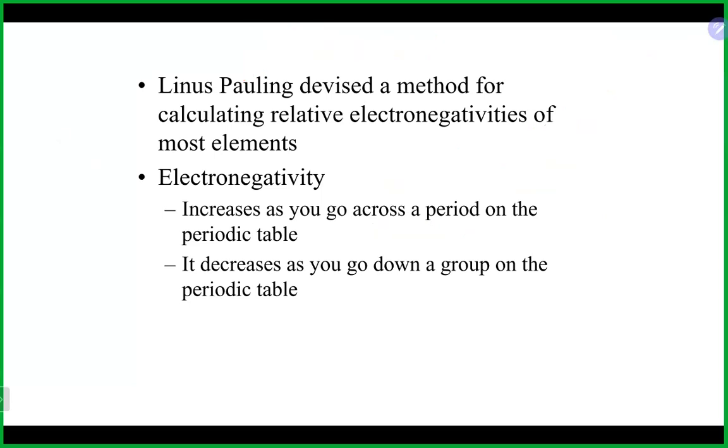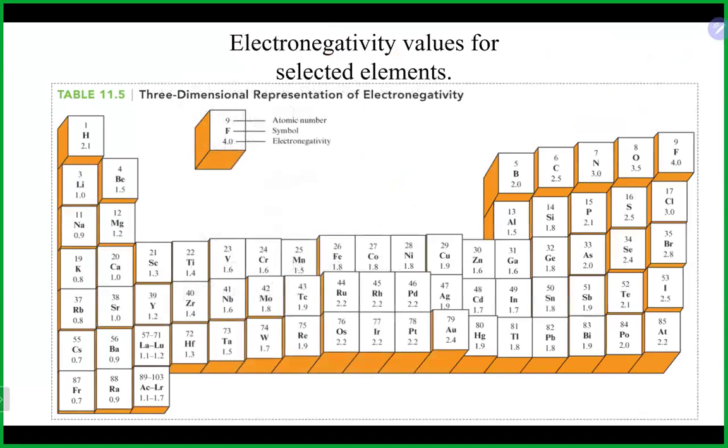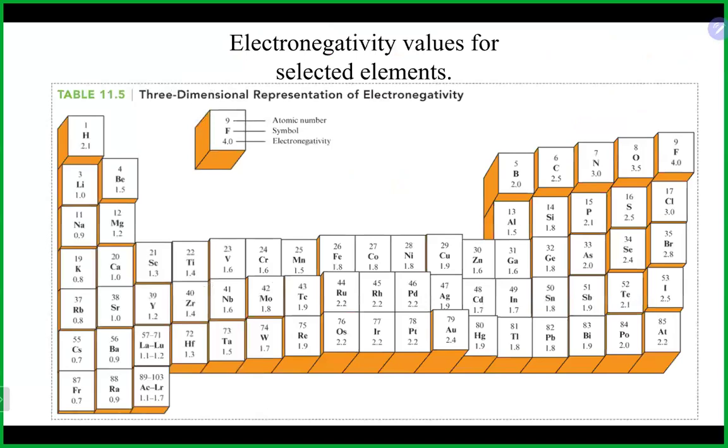So let's take a look here. Here is a table of electronegativity values, and we could use this table to help us decide what's going on. If we look at some of the examples that we saw earlier, sodium chloride, HF, F2, for example. If we take a look at the electronegativity value here for sodium, that is 0.9.